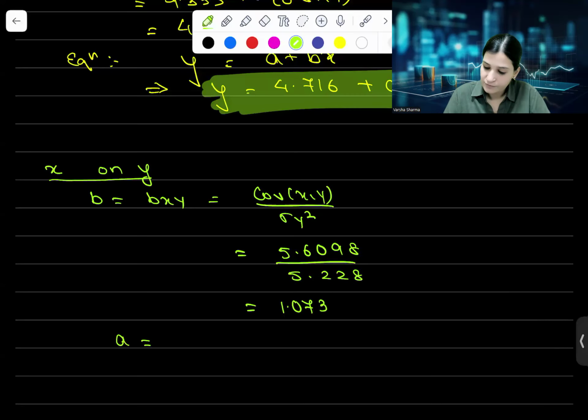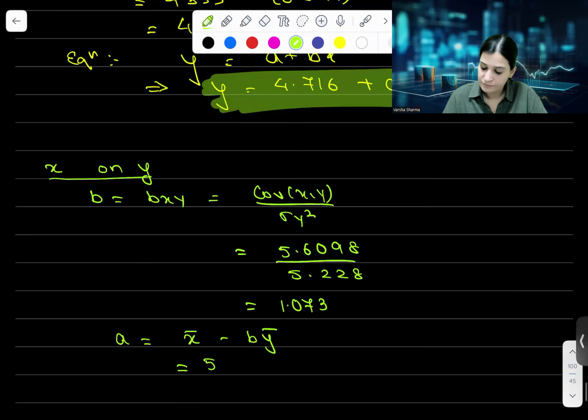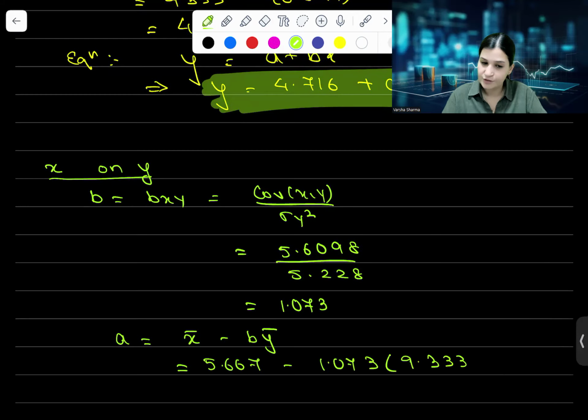Then a is x bar minus b y bar. x bar 5.667 minus 1.073 into 9.333.